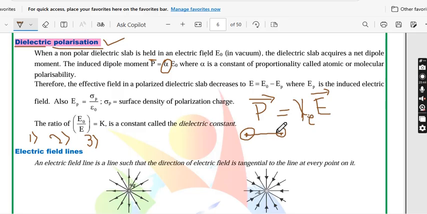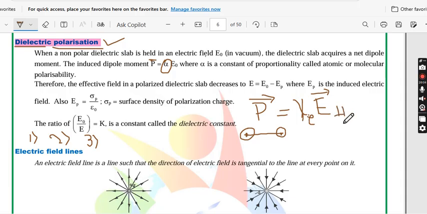Such molecules are called polar molecules. A polar molecule has a permanent dipole moment. For example, the water H2O molecule.